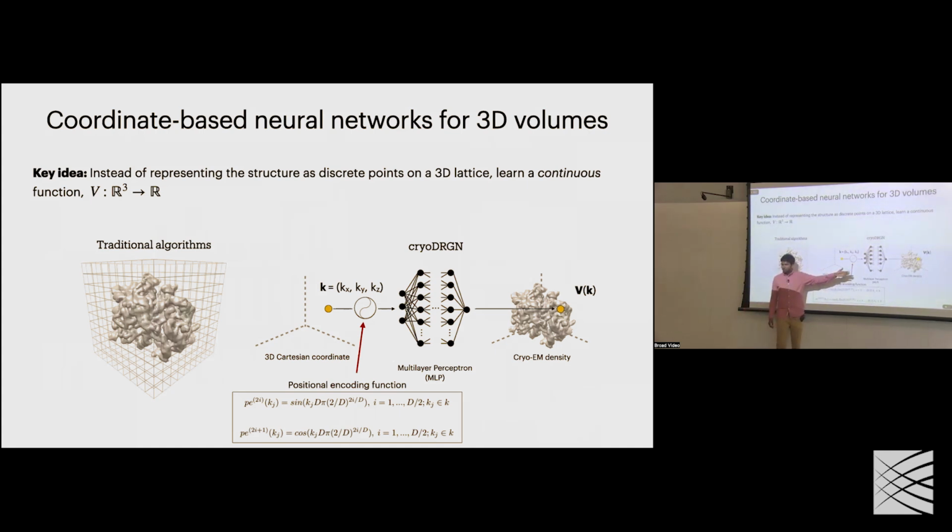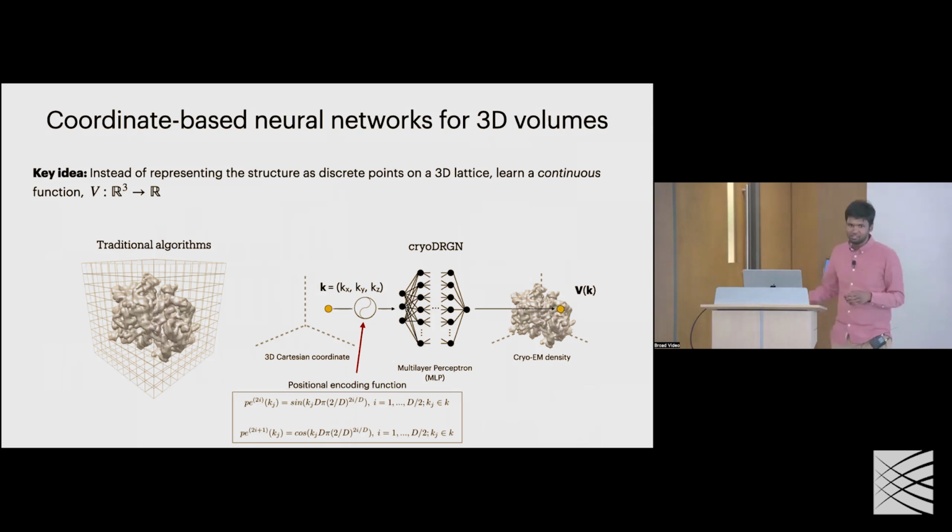This can sometimes be harder to optimize implicitly, but there are tricks we can add to make it accurate. In particular, one key insight that Ellen had when developing this was that instead of giving this network, this function, raw 3D coordinates, we can featurize these 3D coordinates into some higher dimensional space by transforming them with a bunch of sinusoidal functions. And that helps the optimization of these neural fields in representing these volumes.